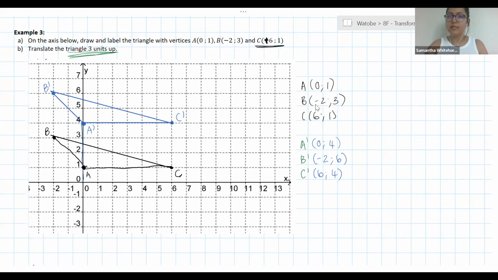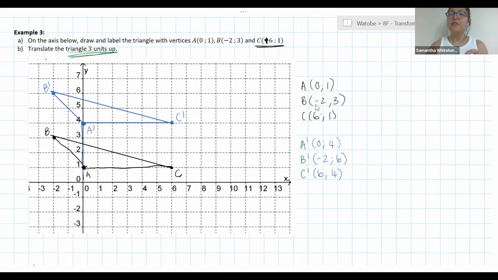All right, Oratile, do you have a question? Yes, ma'am. I wanted to ask, should we always draw the triangles or is it fine to just do the calculations without the triangle? Okay, so it depends on what the question asks you to do. In this case, because it said translate the triangle 3 units up, you would have to draw the triangle because it specifically relates to the triangle.